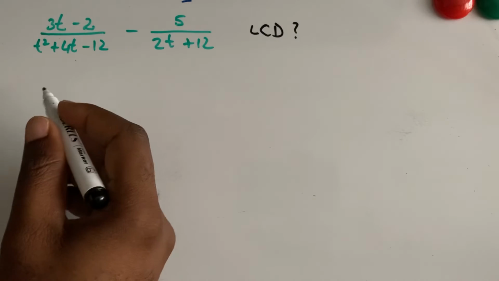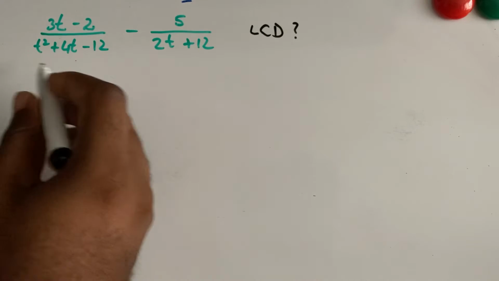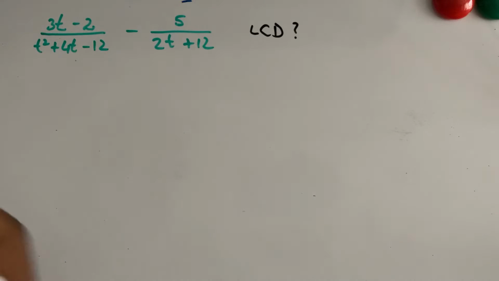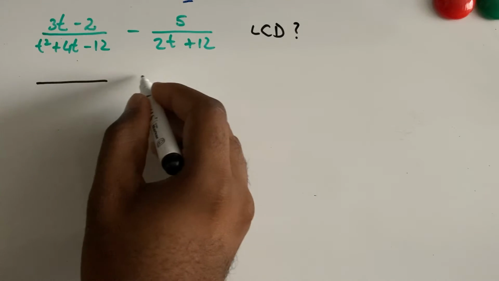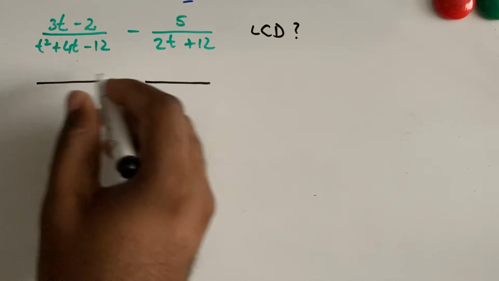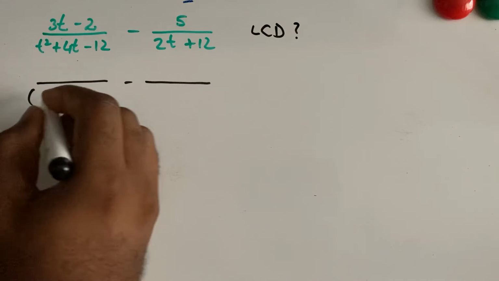To do such things we need to factor the denominators just to make sure we know what's in there and what's missing so we can make them look alike, right? Okay, so let's factor. I'm just looking at the denominators for now.